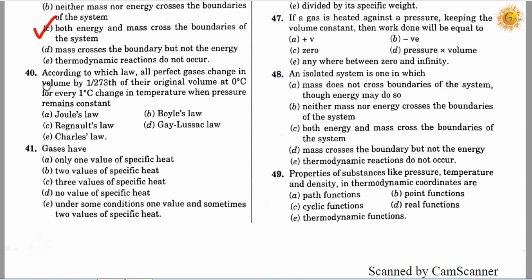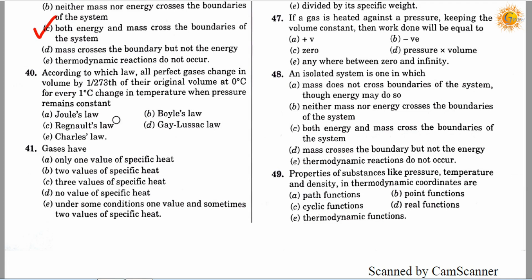Question number 40. According to which law all perfect gases change in volume by 1/273 of their original volume at 0 degrees centigrade for every 1 degree centigrade change in temperature when pressure remains constant?